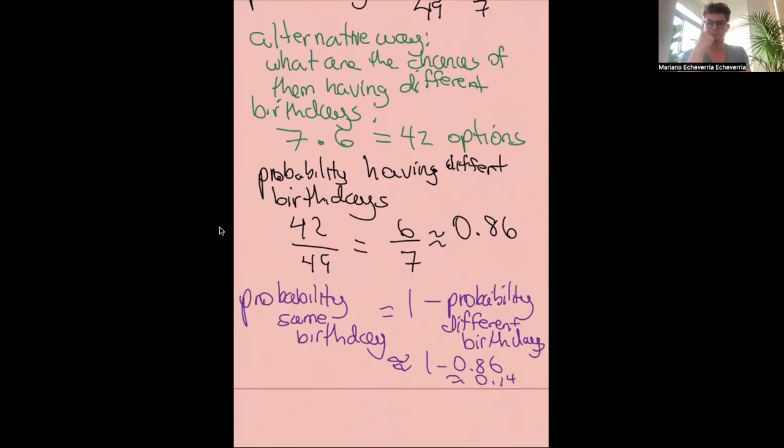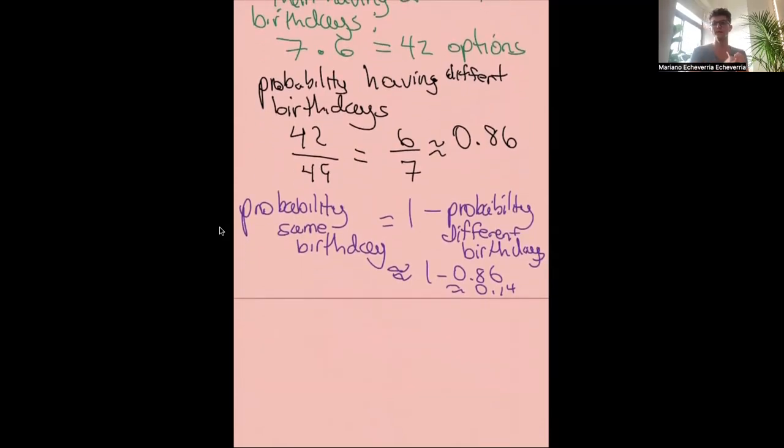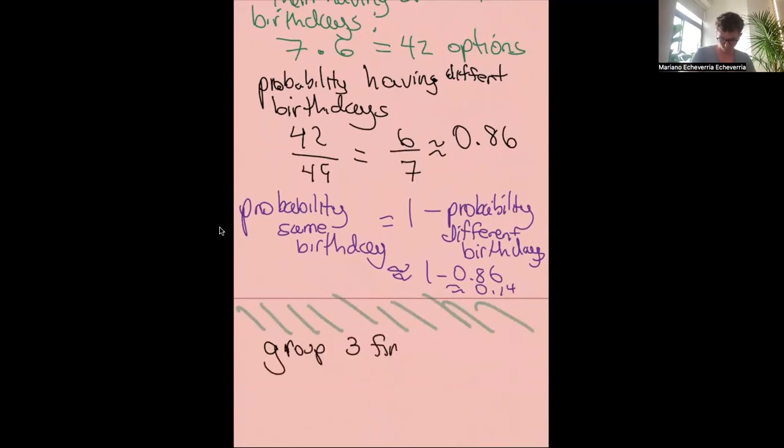So let's just take it a step at a time. What would happen with three friends? It's kind of fun. With a group of three friends, there are a total of 7 times 7 times 7 outcomes.